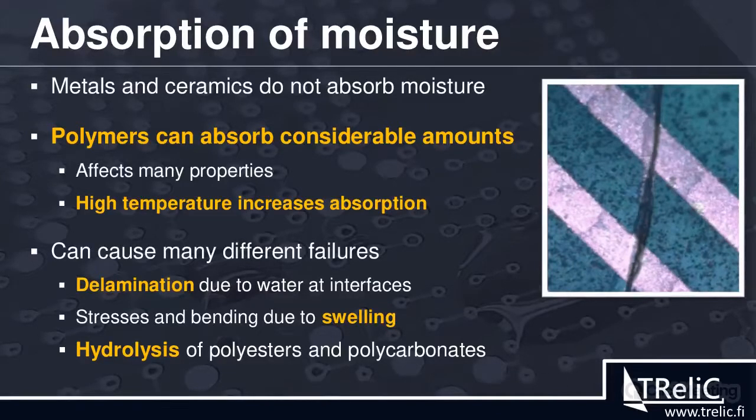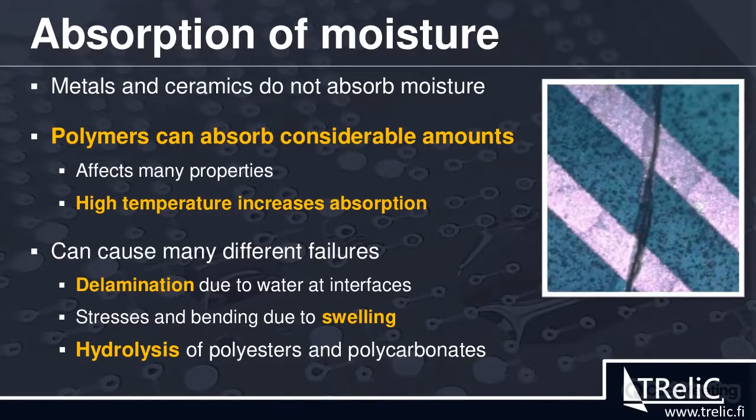So what the water causes in polymers is, one, delamination, because water goes to the interfaces. So for example, if we have a metal polymer interface, this interface can open and then we have delamination. Also, this water causes swelling of the polymer, which can cause bending or different stresses in the structure or even cracking.